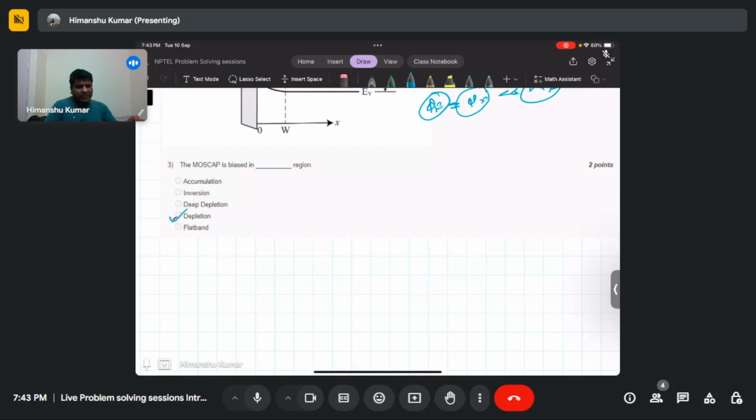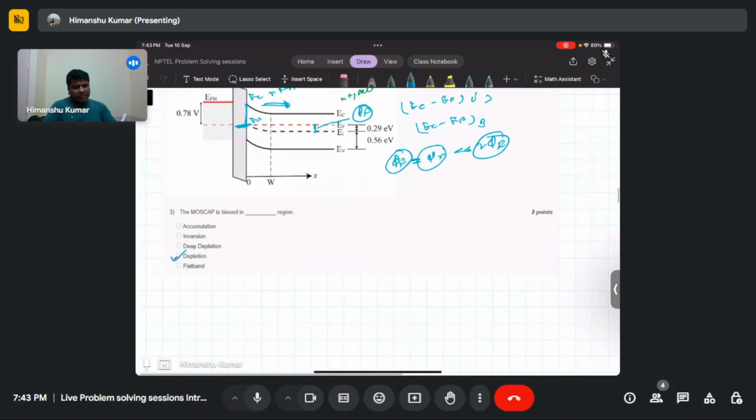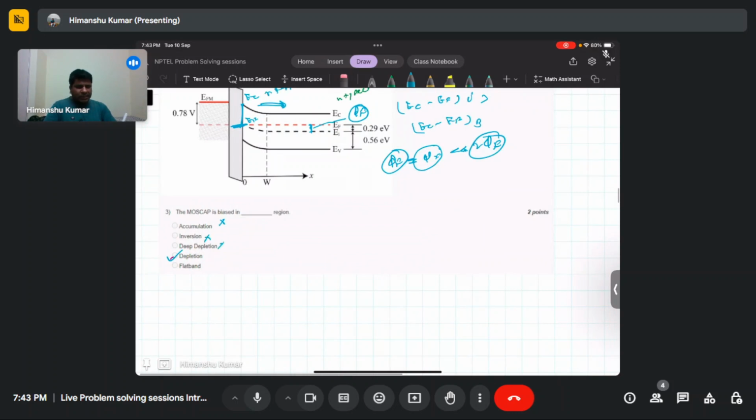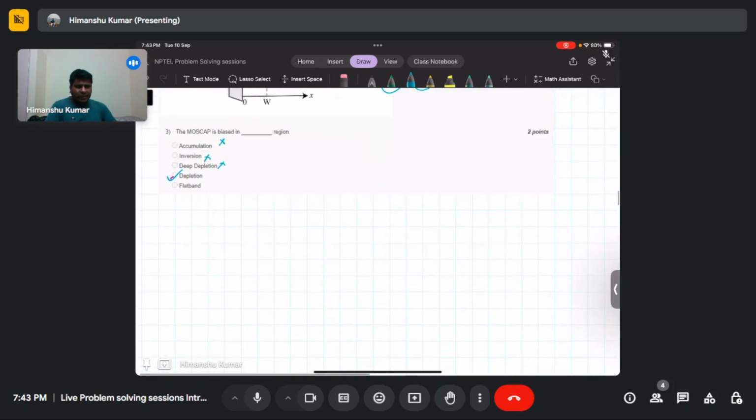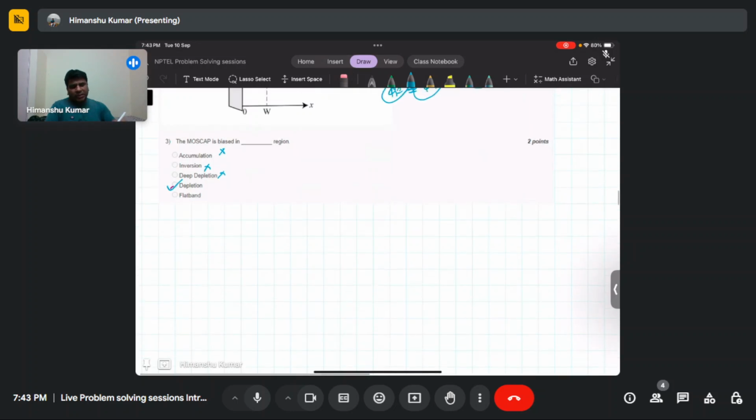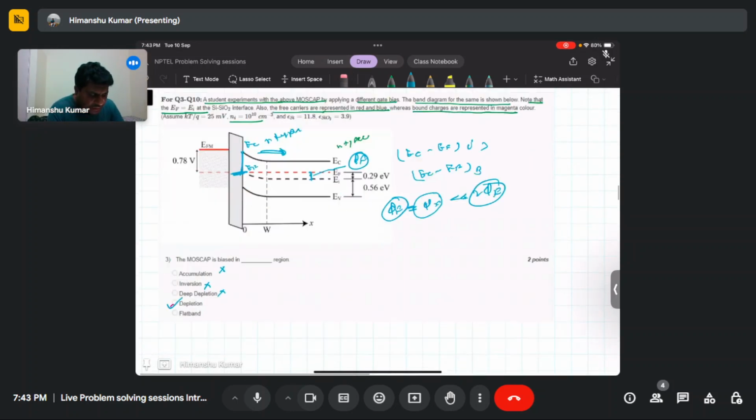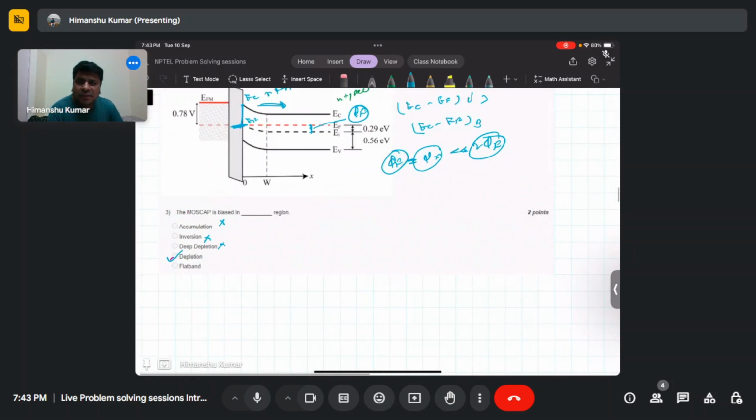So the correct answer is depletion. Accumulation is wrong, inversion is wrong, and deep depletion we will see later if time permits. Deep depletion is when you apply the gate voltage and sweep very fast.